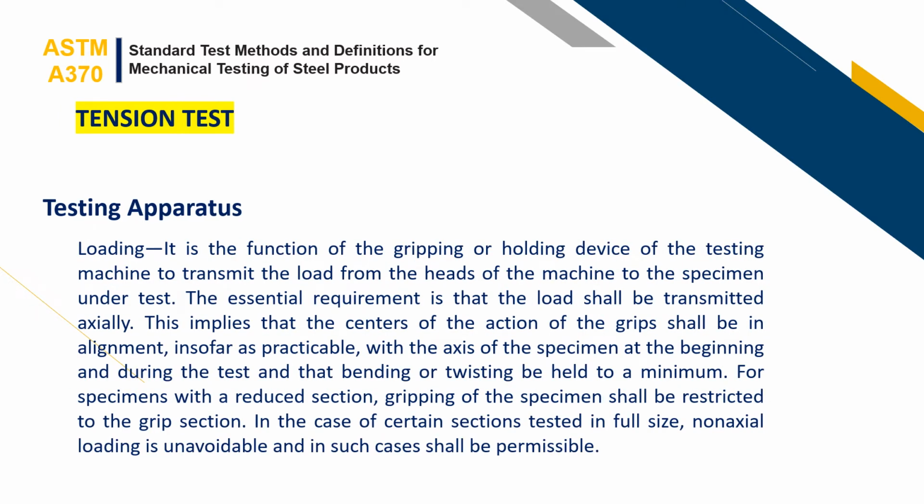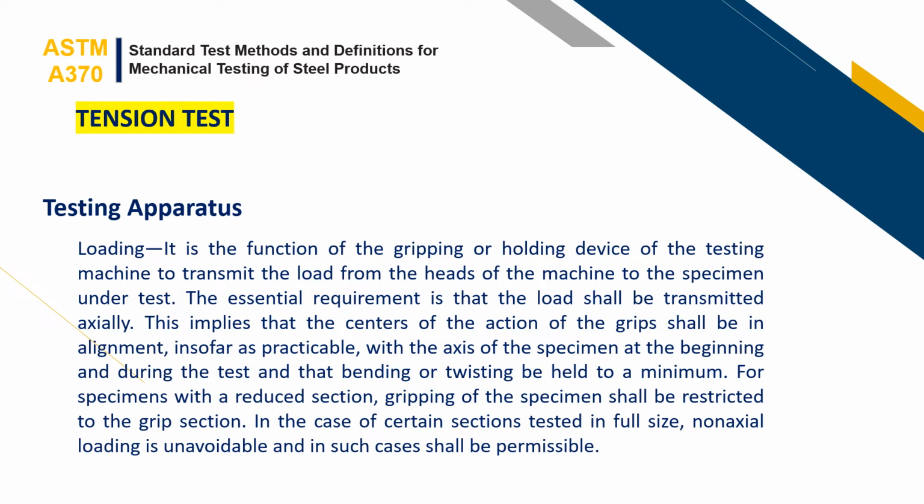Second is the gripping of the specimen. It is the function of the gripping or holding device of the testing machine to transmit the load from the heads of the machine to the specimen under test. The essential requirement is that the load shall be transmitted axially.